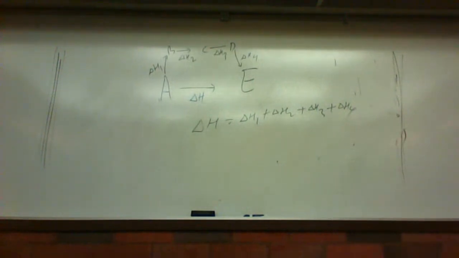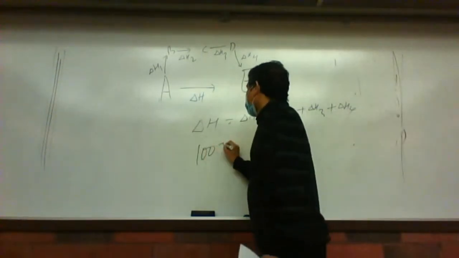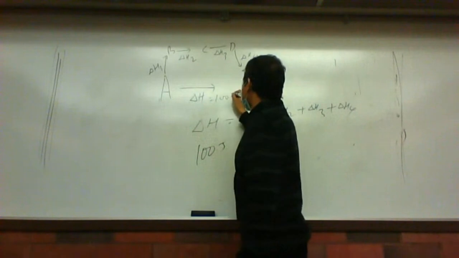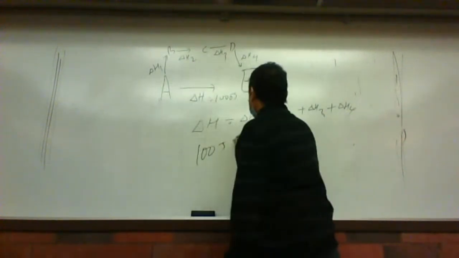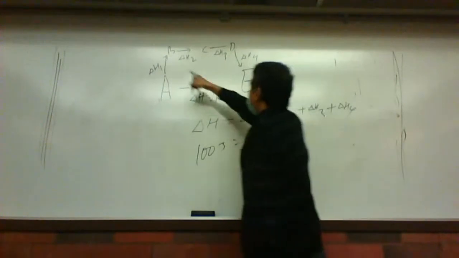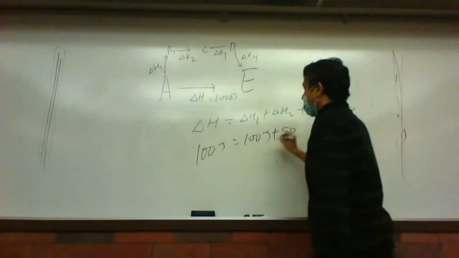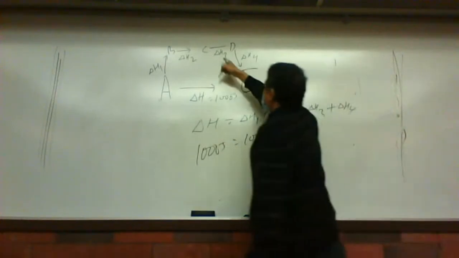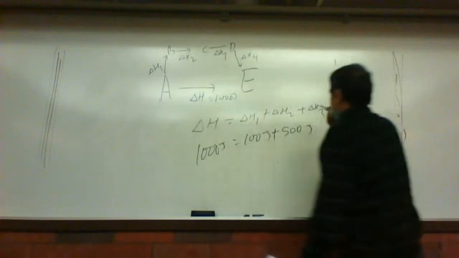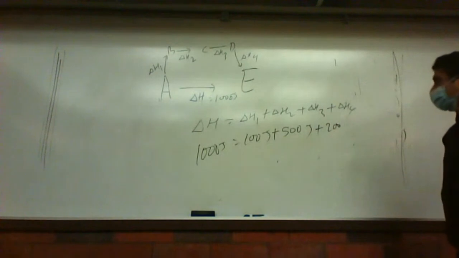So in one way, I'm just converting A to E directly in one step, and I measure the heat, and maybe I got 1,000 joule. Then I go from A to B, maybe that heat was just 100 joule. And I go from B to C, and maybe the heat change was 500 joule. And then I go from C to D, maybe that was 200.